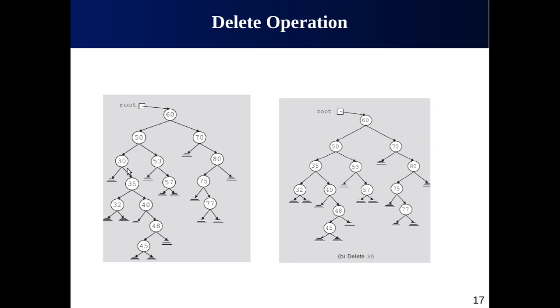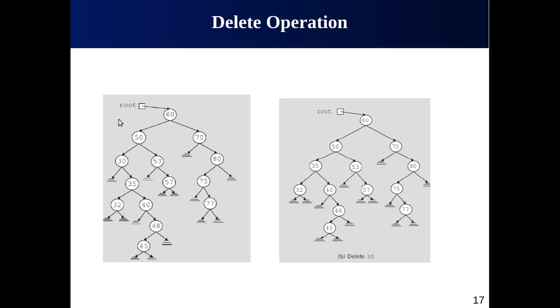Let me repeat. We are going to delete 30 from this binary search tree. However, 30 has a non-empty right subtree. If you delete this node from here, the two trees will be disconnected. So we need a mechanism to maintain the connectivity as well as the binary search tree property.